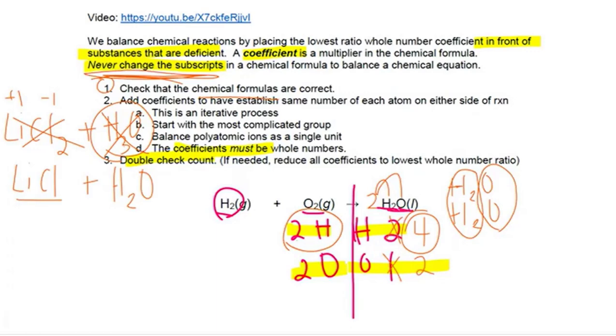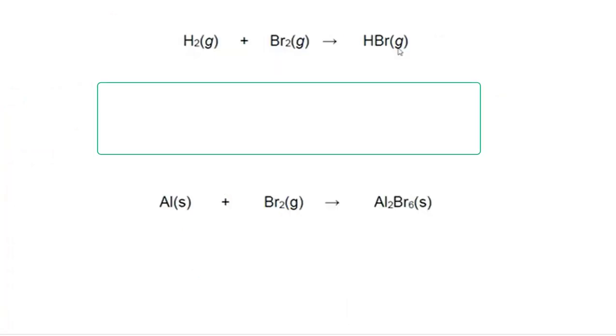So if I have 2 H's, to get to 4 H's, let's just put a 2 right there. So that 2 H2's, so H2 and H2 gives me 4 H's. Now we are balanced.